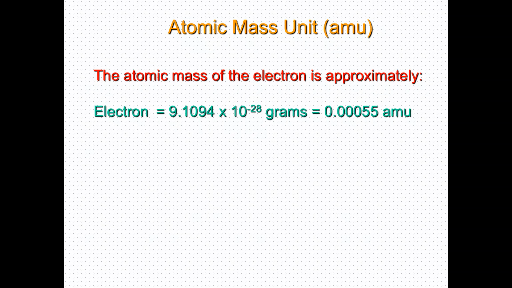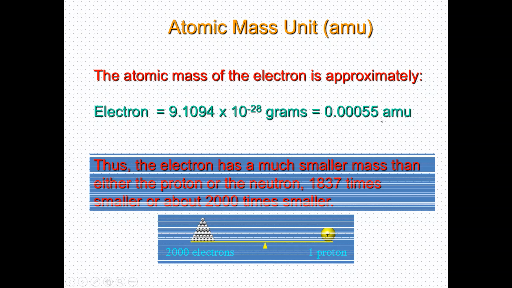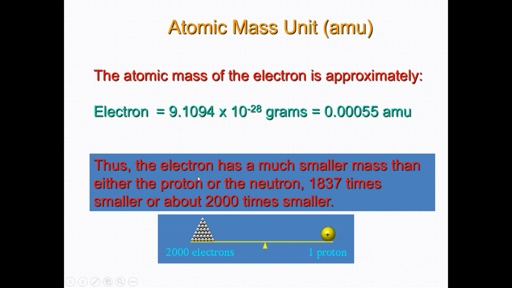So the mass of the electron is approximately equal to 9.1094 times 10 raised to the power minus 28 grams, which if we convert to atomic mass units will be equal to 0.00055 AMU. Thus the electron has a much smaller mass than either the proton or the neutron.